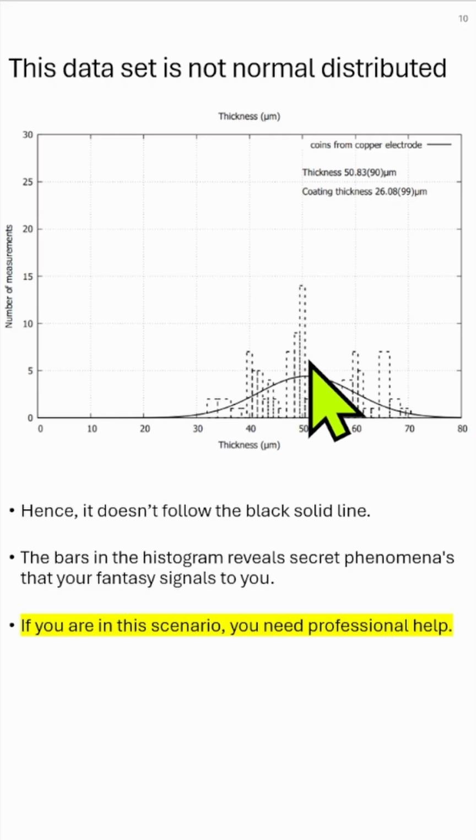They have some peaks at about 10 micrometer spacings, and it doesn't follow the black line, the bell-shaped curve, at all. So this is a perfect example of a dataset that is not normally distributed. If your data look like that, then you need professional help, basically, because you're in an advanced case. This PowerPoint will not help you on that.